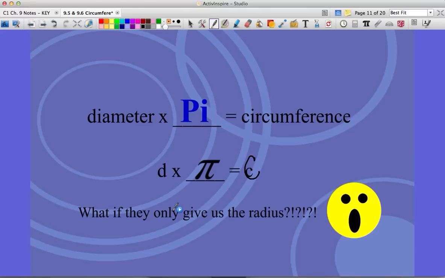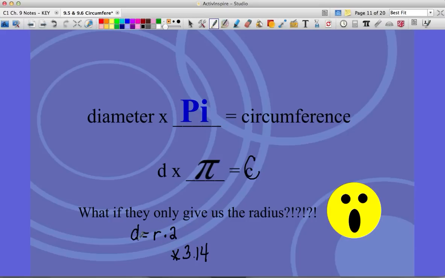However, what if they only give us the radius? This is not a problem for us because we know that the relationship between the diameter and the radius is that the diameter is equal to the radius times 2. So in place of d, I'm still going to multiply by pi, which we use 3.14 as the numerical representation of pi.